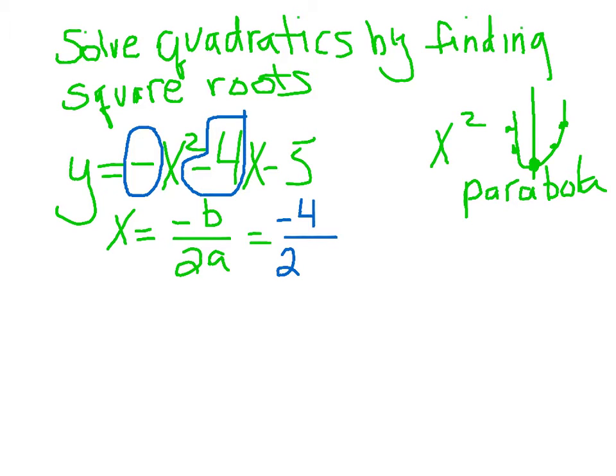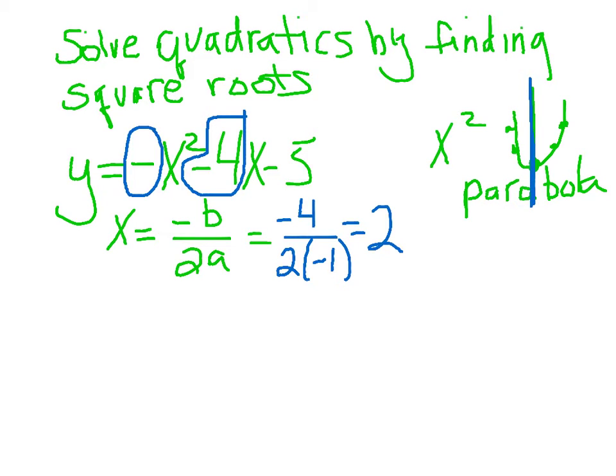If we don't have one, that means it's automatically a 1. Now, what's negative 4 divided by 2 times negative 1? That would be a positive, because negative divided by negative is a positive. Positive 2. Now, that's the up and down line. That's the symmetry.